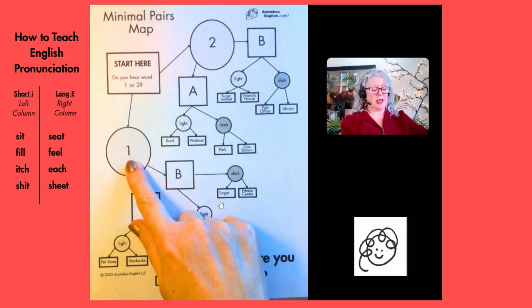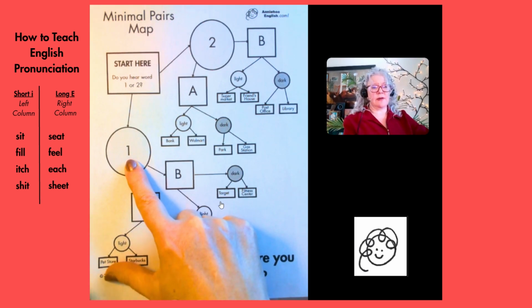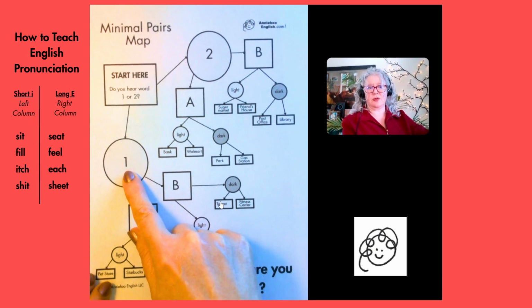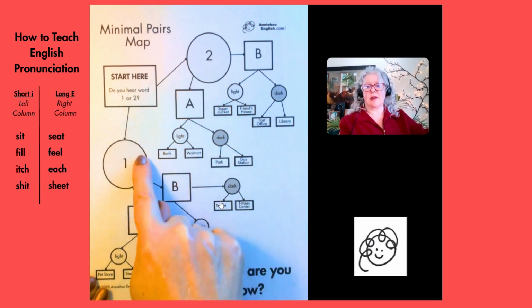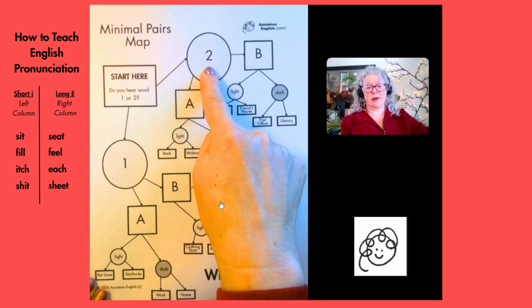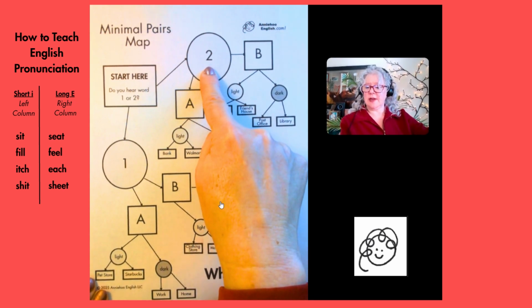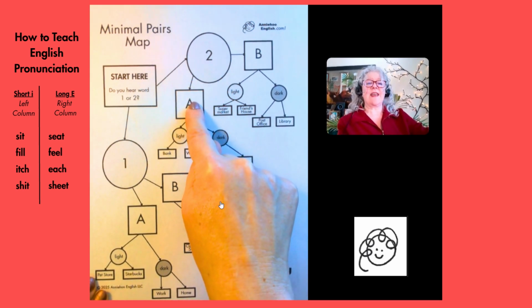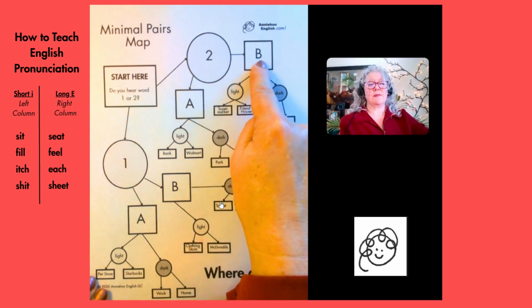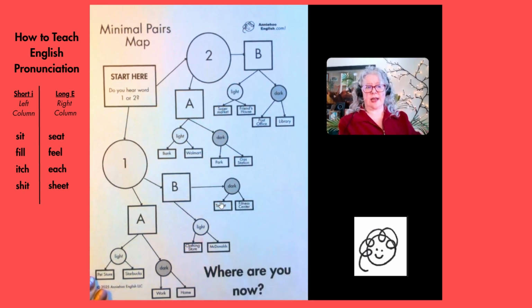Okay, if I say seat, you would go to 2. Then for the next word, if I say fill, you would go to A. If I say feel, you would go to B, and then so on and so on down.